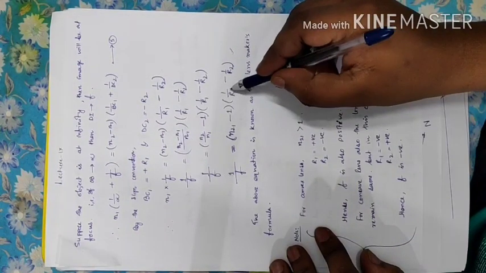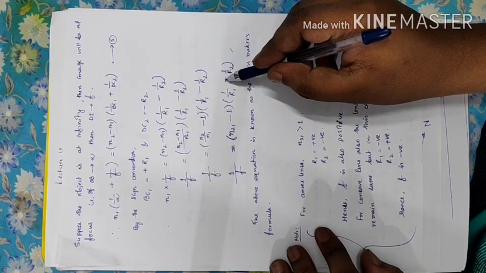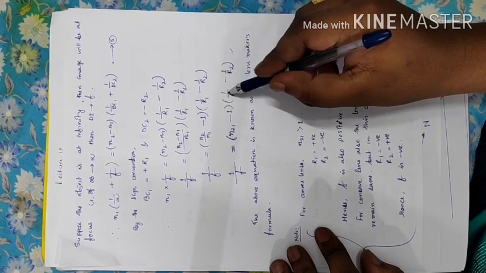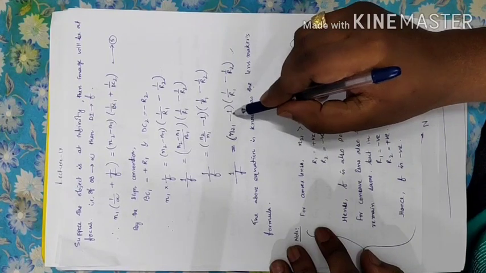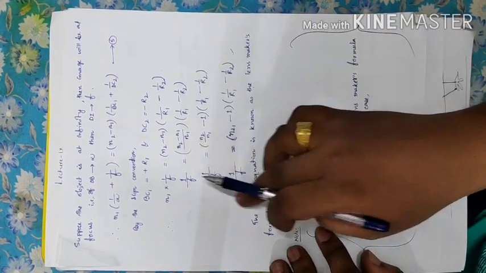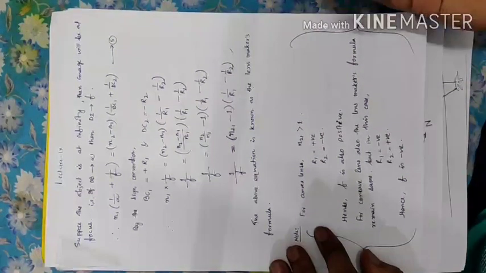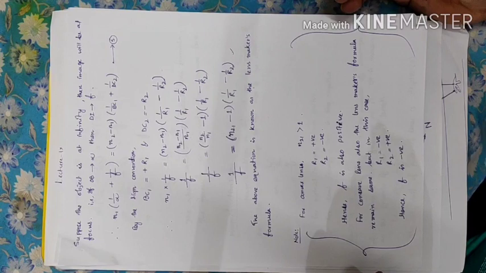So with R2 negative, minus R2 becomes positive. As a whole, this becomes positive, and n21 minus 1 is also positive. So as a whole the value is positive, so 1/f is positive and f is positive. So for a convex lens, the focal length is positive.